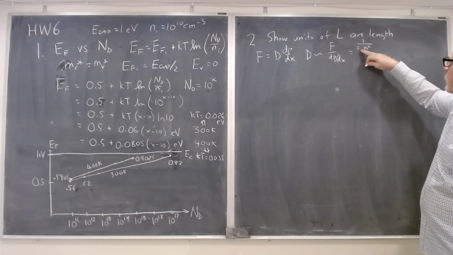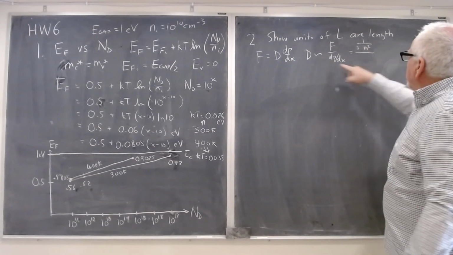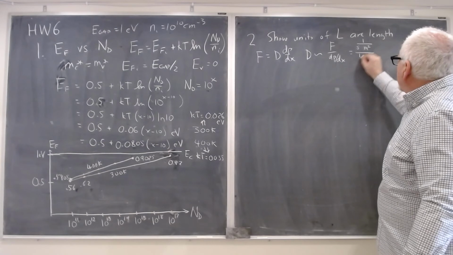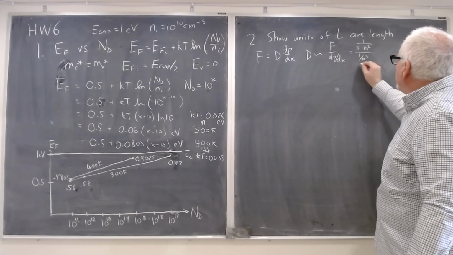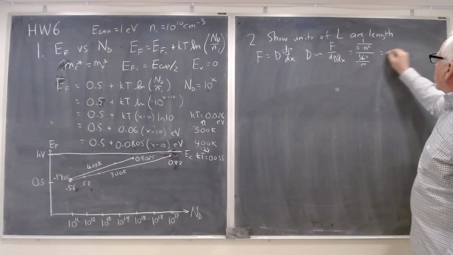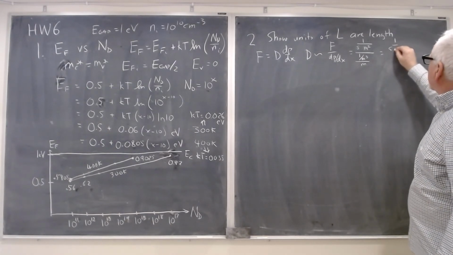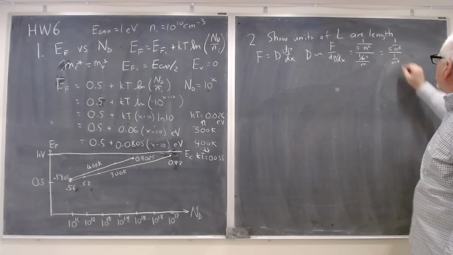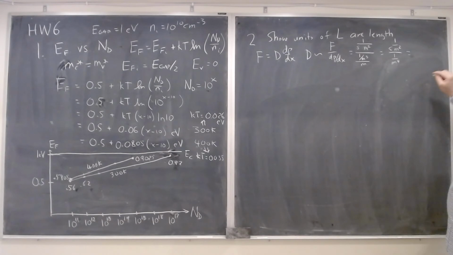Carriers per unit time per unit area. And P is 1 over meter cubed, and then meter in the bottom. And so that becomes 1 over second meter squared over 1 over meter to the 4th. And so when you do that, that becomes meter squared per second. So that's the units of D, area per time.